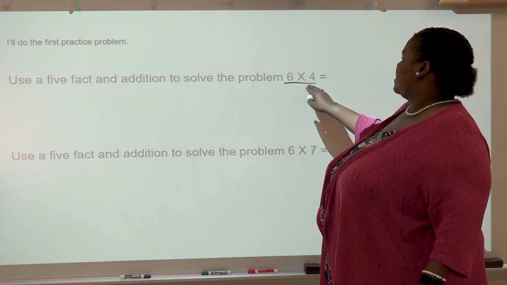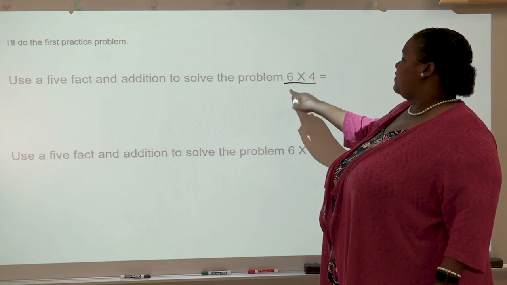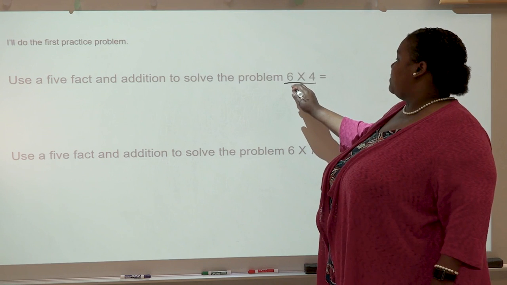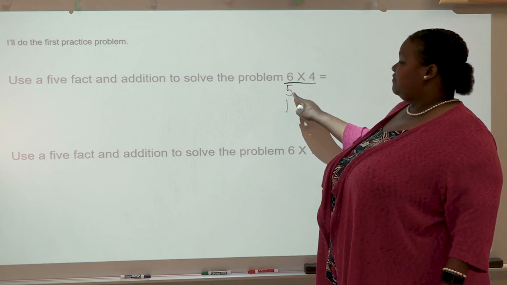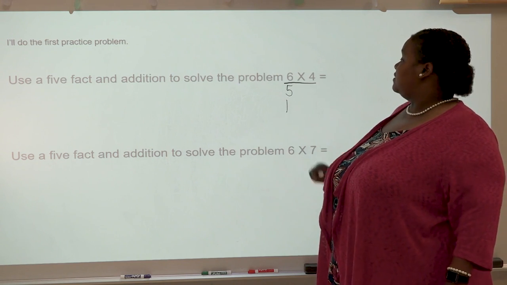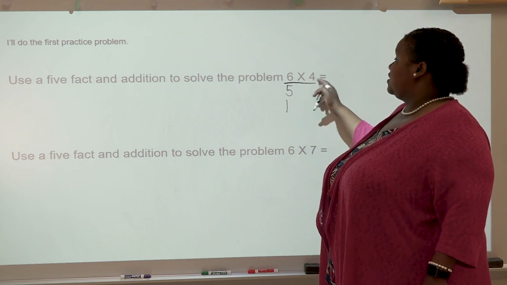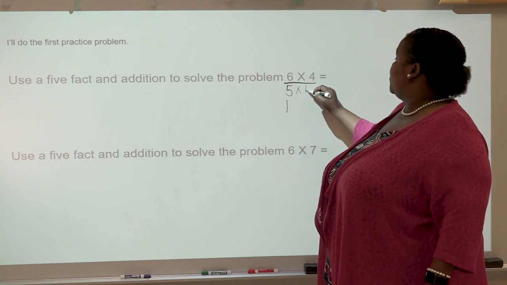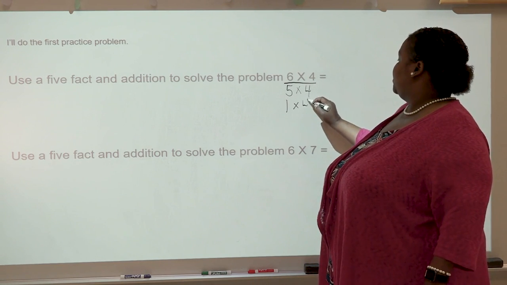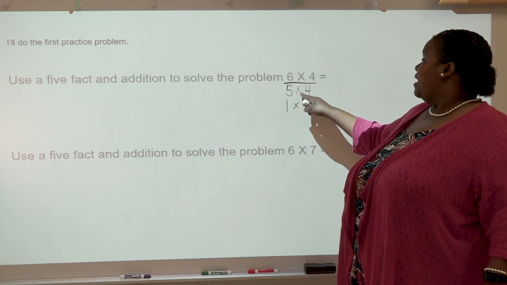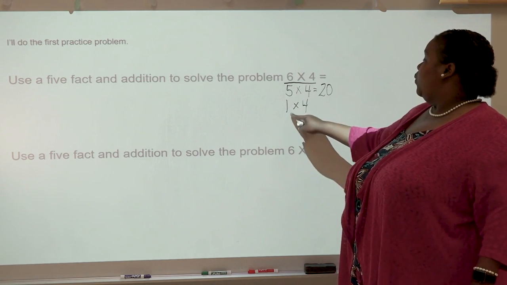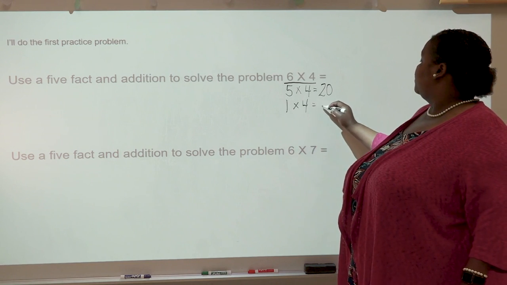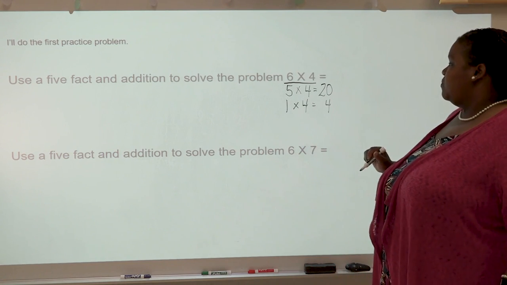So I can think 6 times 4. Well, if I use a 5 fact, I'd break the 6 apart into a 5 and a 1, because 5 plus 1 equals 6. I'm still multiplying times 4, times 4. 5 times 4 equals 20. 1 times 4 equals 4.